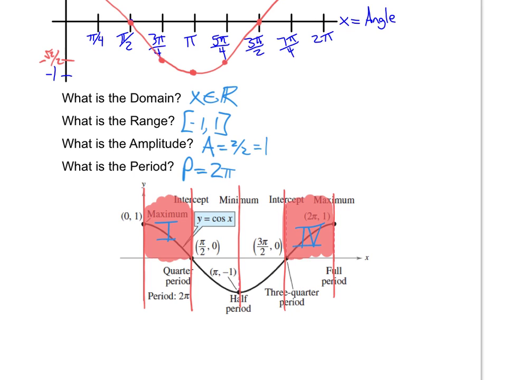Cosine is negative in the second and the third quadrants. And that coincides with what we've seen, where all trig functions are positive in the first, only the sine is positive in the second, only the tangent is positive in the third, and the cosine is the only one positive in the fourth.